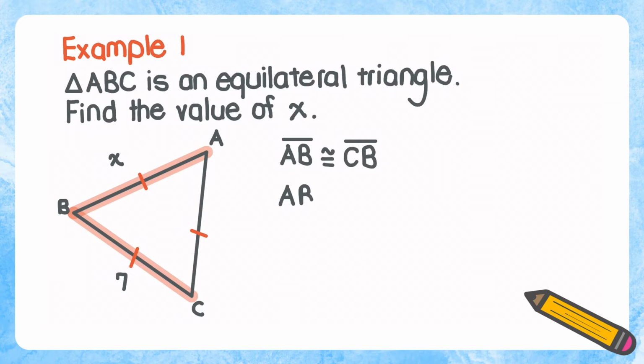This means that the side lengths of side AB and side CB are equal to each other. In this case, x is simply 7. So we can find the value of x using the fact that an equilateral triangle has three congruent sides.